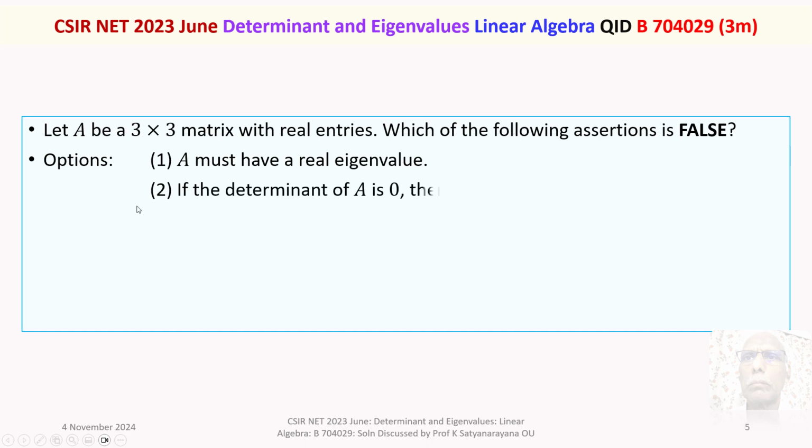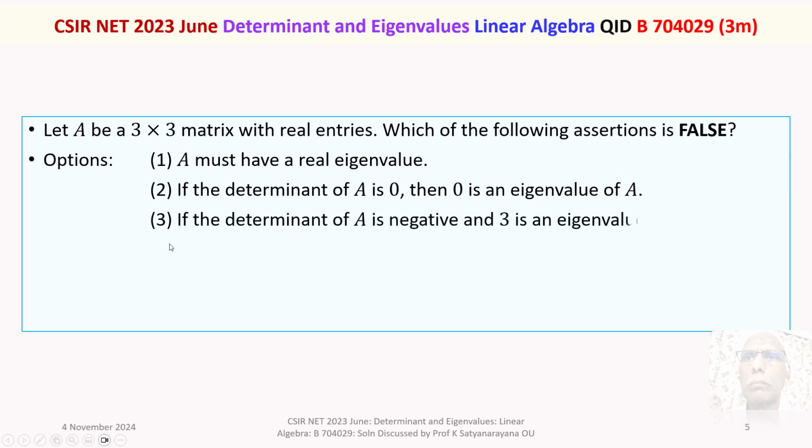Option 2, if the determinant of A is 0, then 0 is an eigenvalue of A. Option 3, if the determinant of A is negative and 3 is an eigenvalue of A, then A must have 3 real eigenvalues.